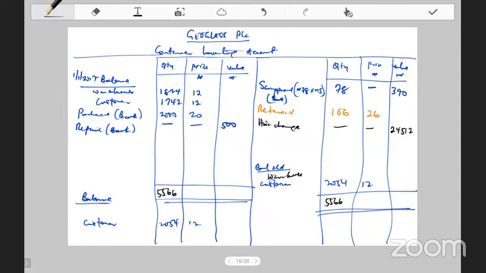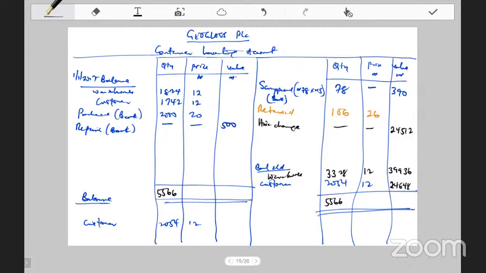5566. So minus what I have there. I have 3328 times 12. That's 24648.